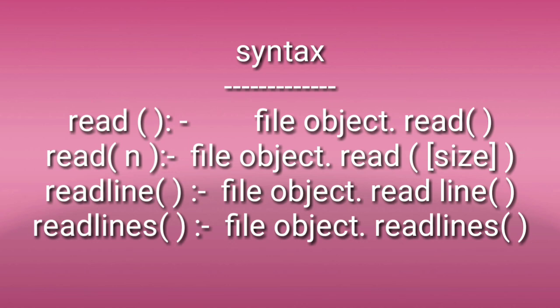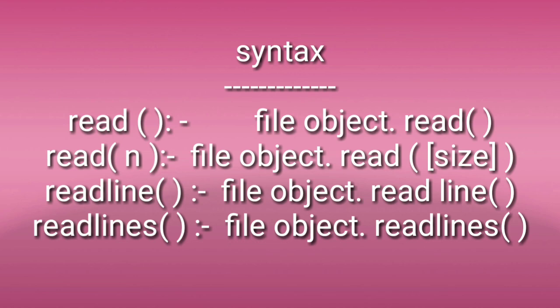Then read n means to read n characters from the file. Its syntax is file object dot read of size. For example f.read(10) will read 10 characters from the file. Then readline reads only one line from the file, starting from the cursor up to and including the end of the line character.